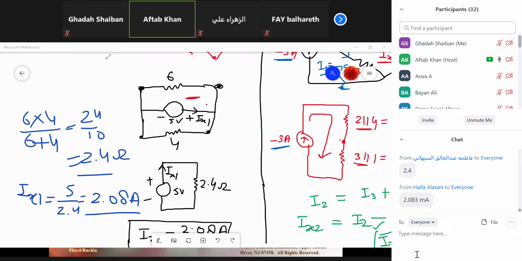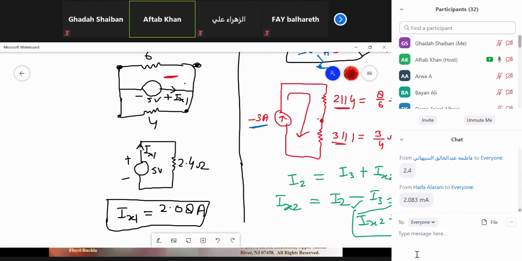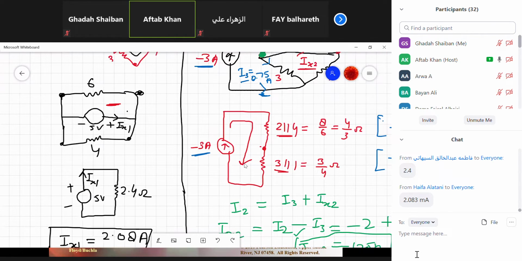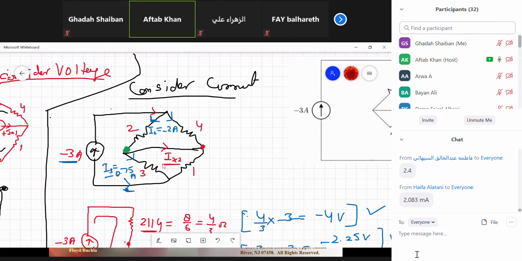Now, the second step is we need to consider the other source. In the second part we will consider the current source. When we consider the current source, this voltage source is going to be shorted.